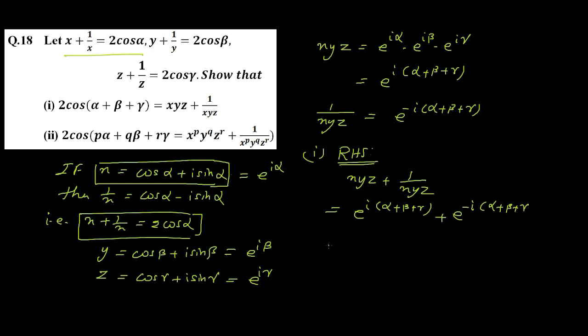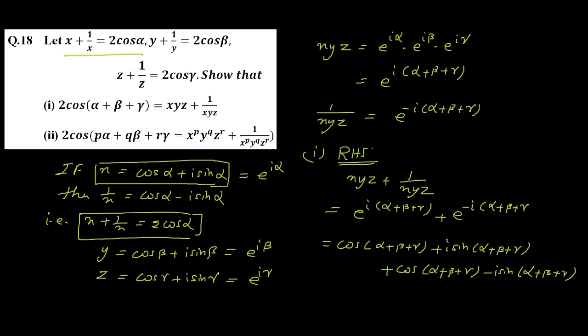That means I can write cos alpha plus beta plus gamma plus iota sin alpha plus beta plus gamma, again plus cos alpha plus beta plus gamma minus iota sin alpha plus beta plus gamma. So iota sin alpha plus beta plus gamma will get cancelled. So here I will be getting 2 cos alpha plus beta plus gamma, that is the LHS of the first bit of the question. Note it down.